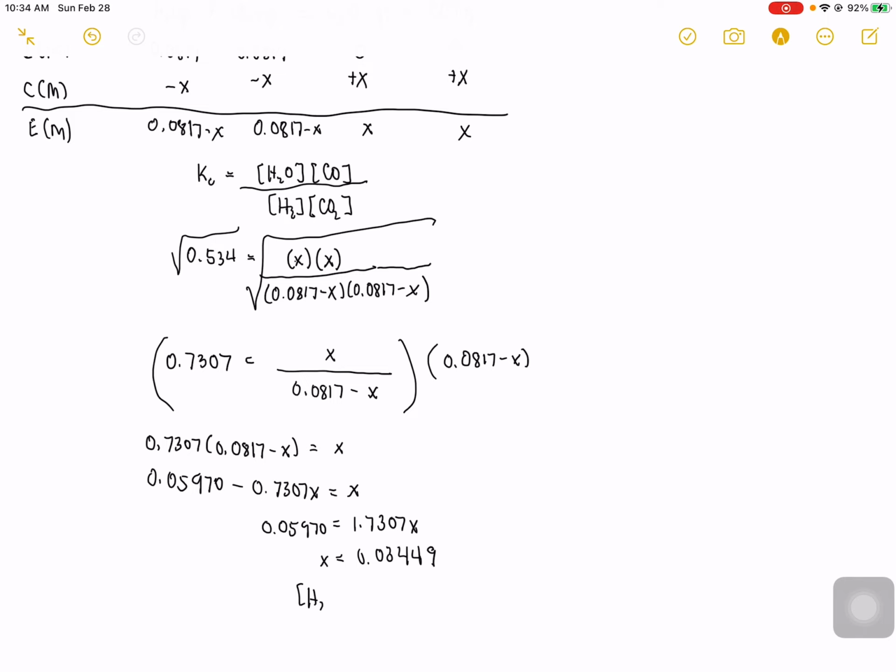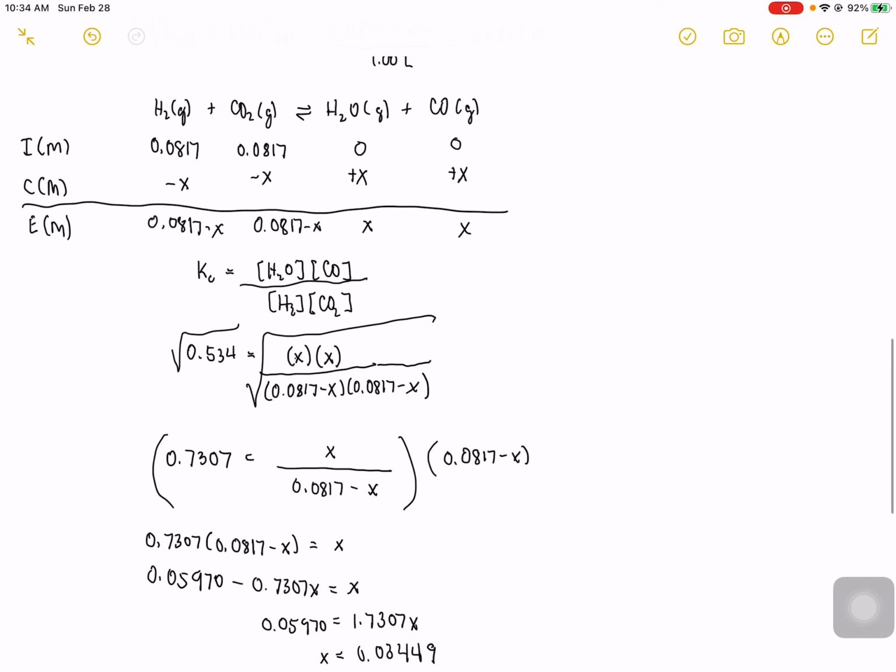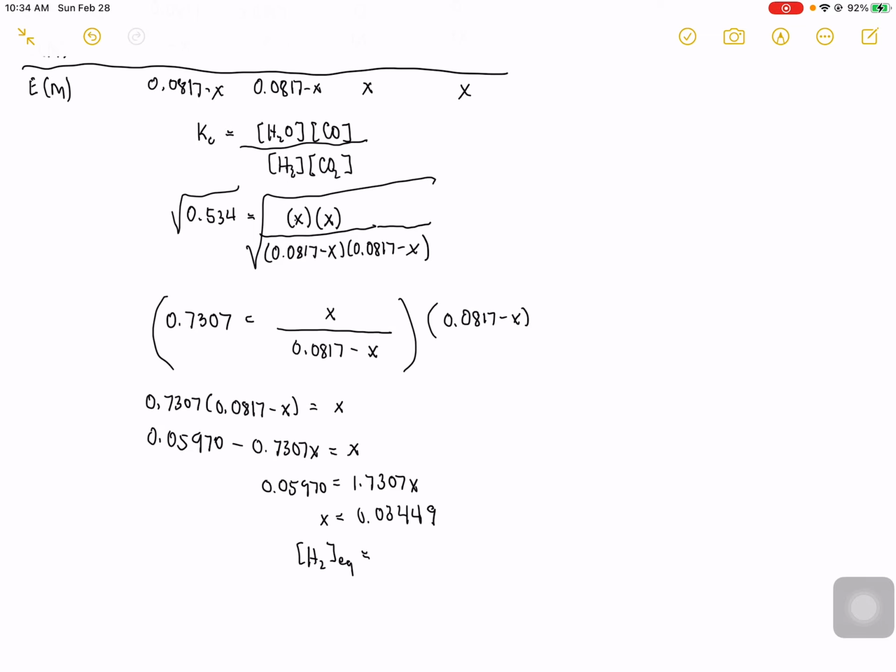So at equilibrium, the molar concentration of hydrogen is, from our ICE table, equal to 0.0817 minus X. And substituting the value of X we have just been able to compute, we get the following value. So the molar concentration of hydrogen at equilibrium is equal to 0.0472 molar.